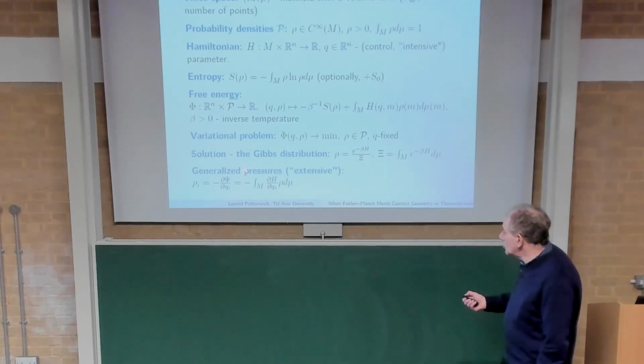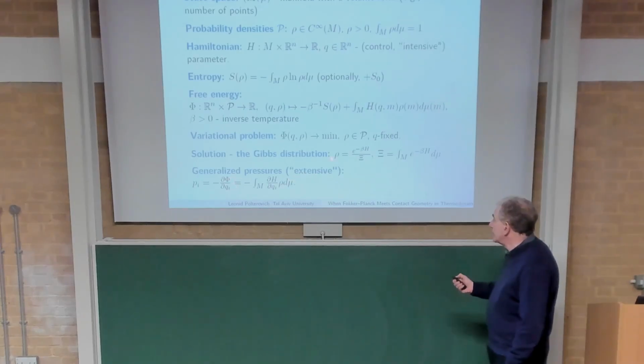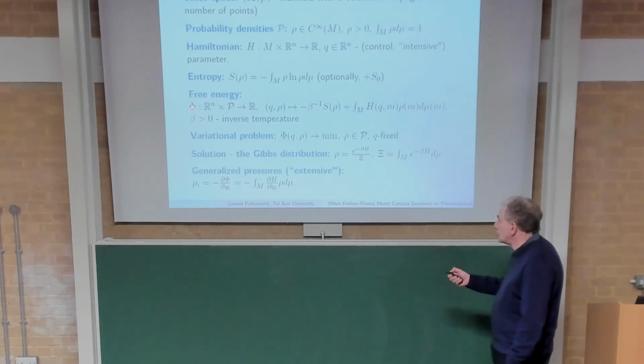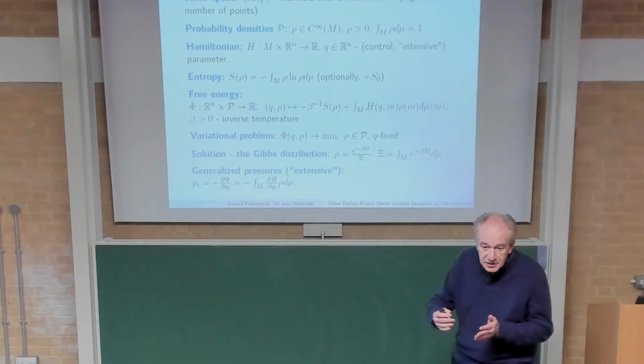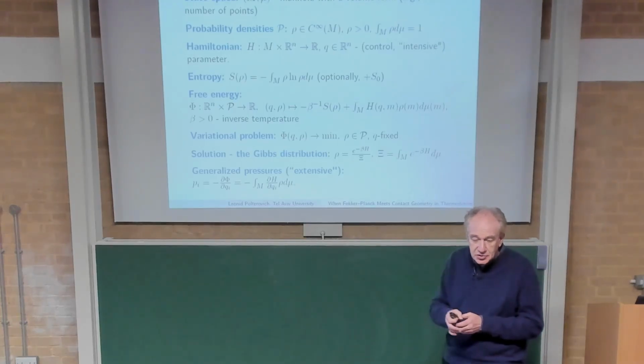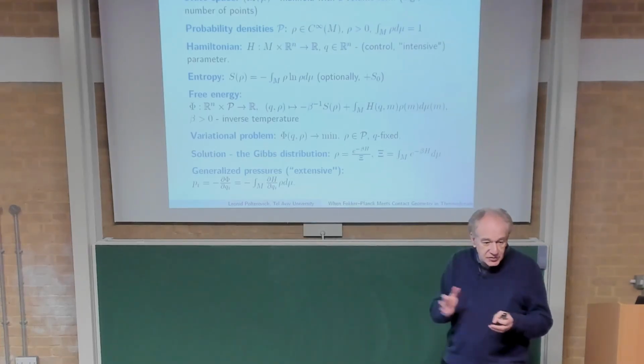One also looks at generalized pressures, the extensive variables, which are derivatives of this, minus d phi dq, where phi is the free energy. So it's the average of dH dq_i rho d mu. Sometimes this theory with q's is called response theory, or linear response theory when H depends on q linearly. We're trying to understand how the system reacts to the change of the parameters. That's the main physical concern.